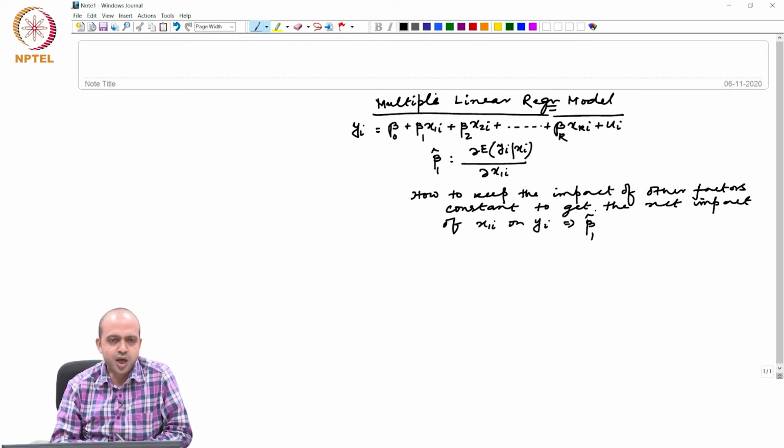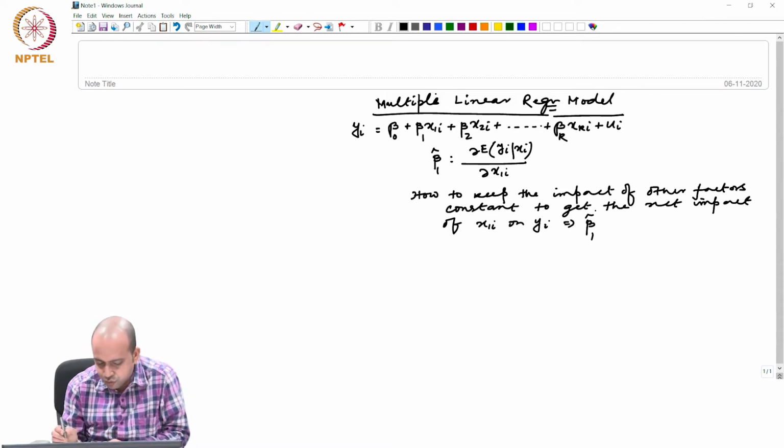And this we will explain with a data set, and before we deal with the data set we will take one example. What is the example we are taking?